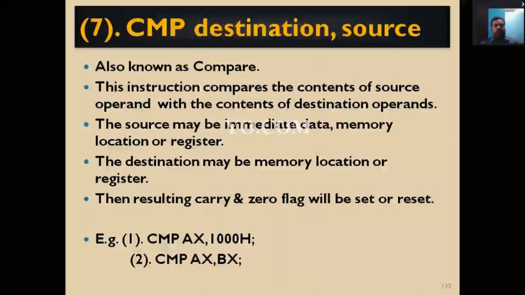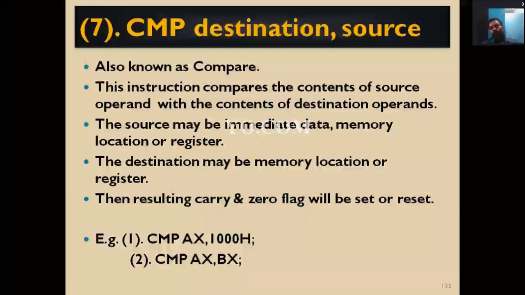The source may be immediate data, register, or memory. Destination has only two formats: memory address or register. The result is stored in the flag register, that is, the carry flag and the zero flag will be affected. For example, CMP AX, 1000.